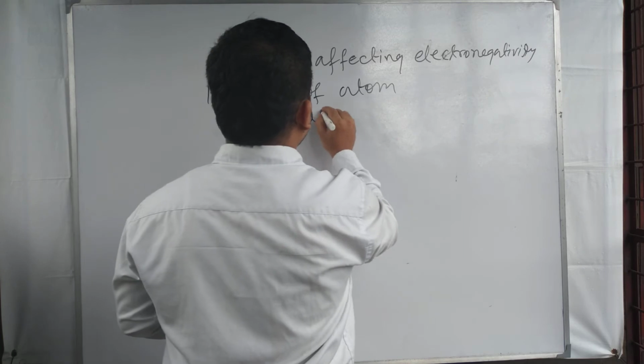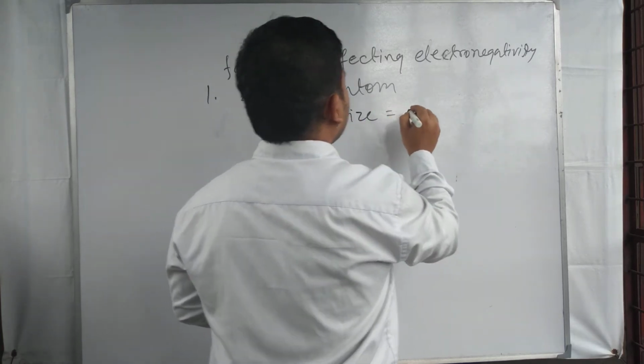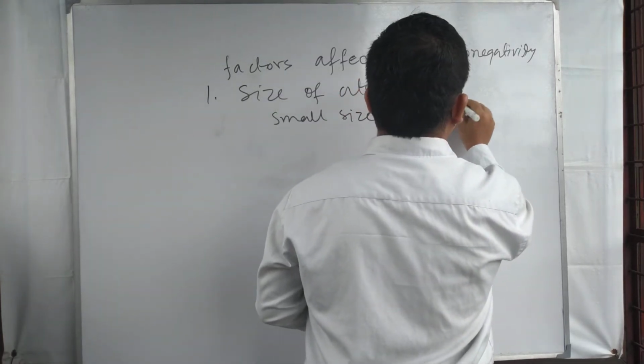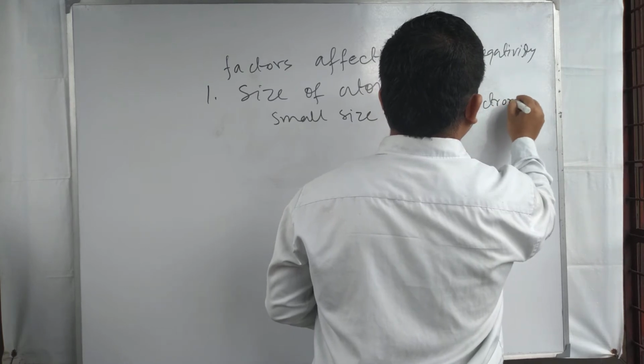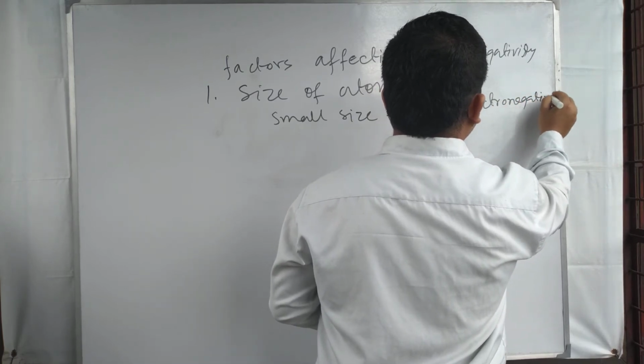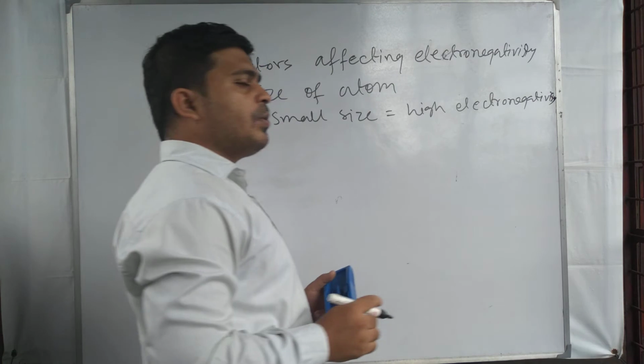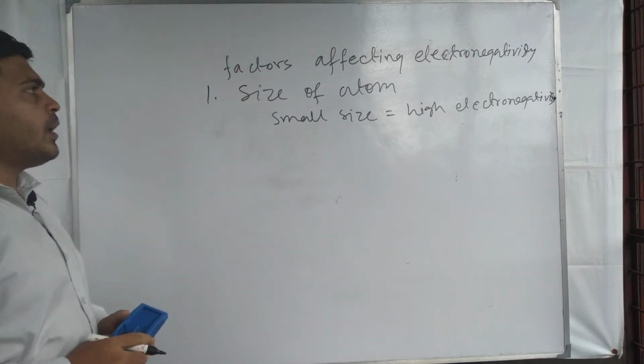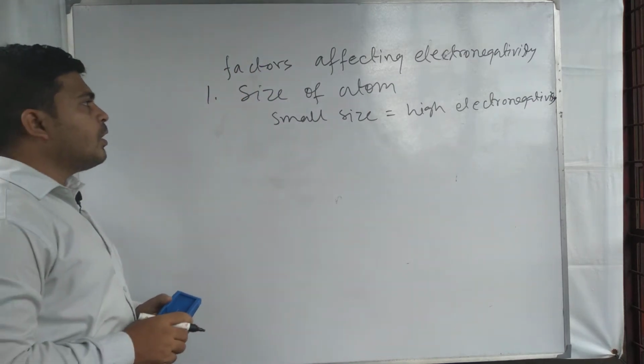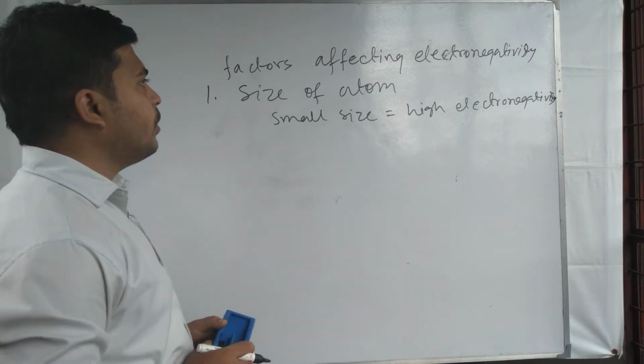Small size means high electronegativity. When an atom has small size, it should have high electronegativity.